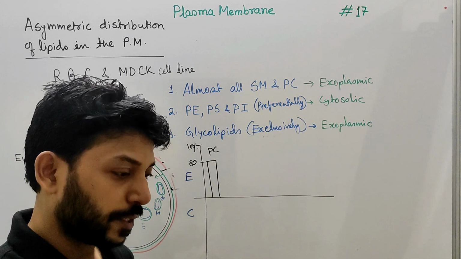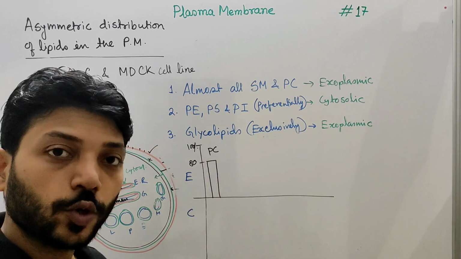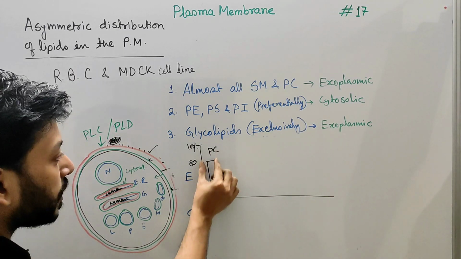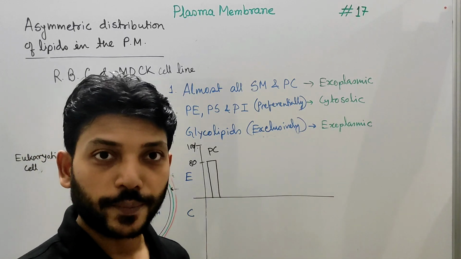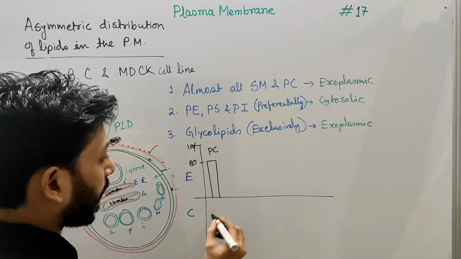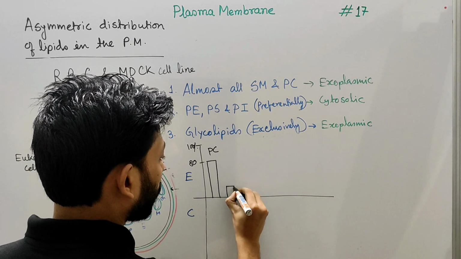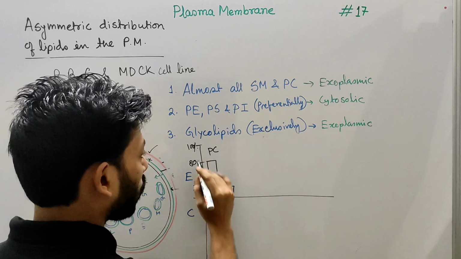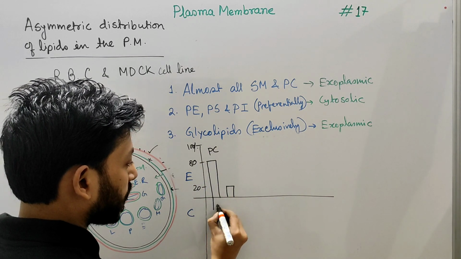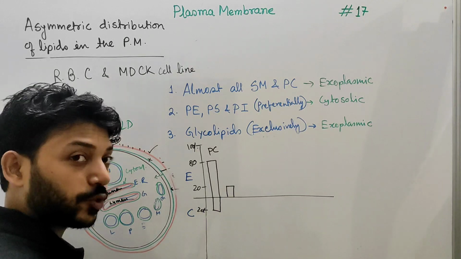What does it mean? Among the 100% of phosphatidylcholine, 80% is present outside, because 80% of the phosphatidylcholine is hydrolyzed in the membrane. They find that only 20% is inside. So phosphatidylcholine is present just 20% in the cytosolic leaflet.